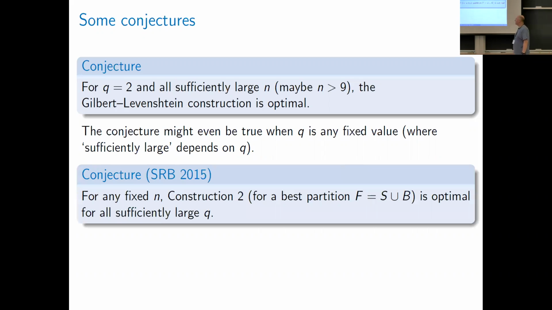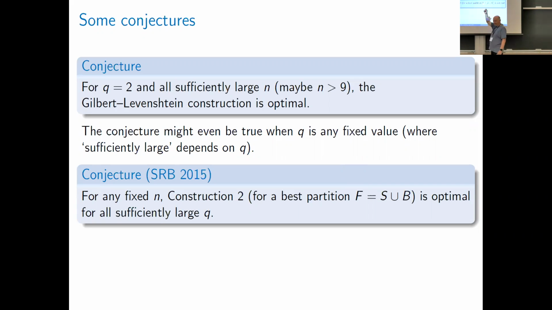In the other direction, if you fix a value of n, if you fix your length and you let your alphabet size q tend to infinity, is it true that this second construction that I put up is an optimal one? And that, again, might well be true.